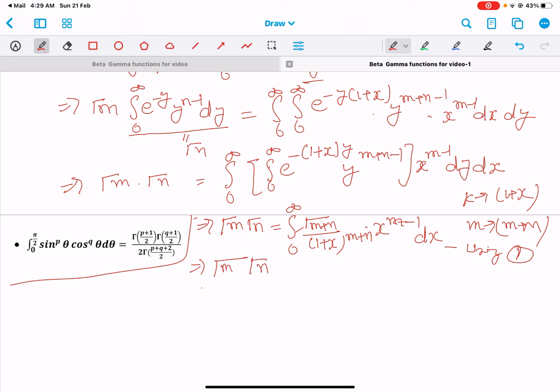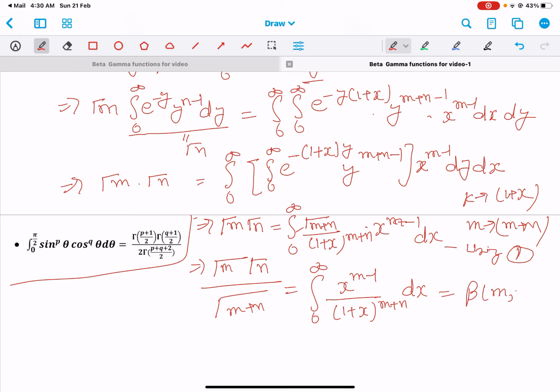Gamma m into gamma n upon gamma m plus n is given by integral 0 to infinity x to the power m minus 1 upon 1 plus x to the power m plus n dx. Now this is again a known result. This is another form of beta function. I already proved it. So this is nothing but beta mn.